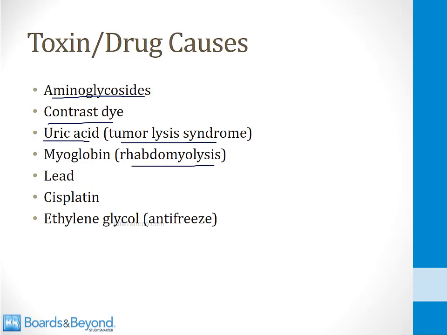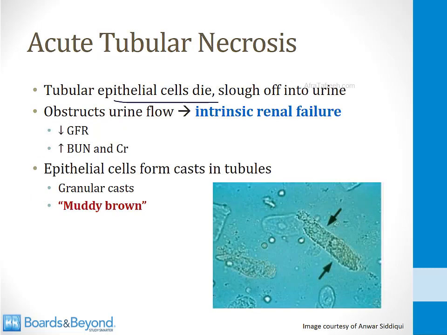And rhabdomyolysis also has myoglobin spilling into the plasma, and this can lead to ATN. Lead and cisplatin, which is a chemotherapy agent, are famous for causing ATN. And then finally, ethylene glycol, which is an antifreeze. If people drink this as part of a suicide attempt, they can get ischemic ATN in addition to an anion gap metabolic acidosis.